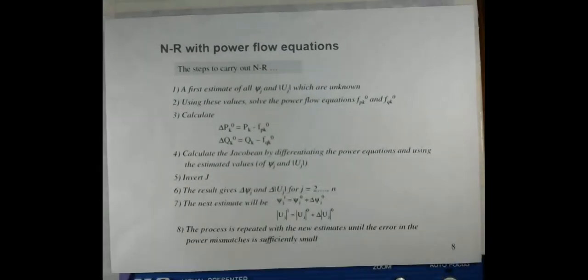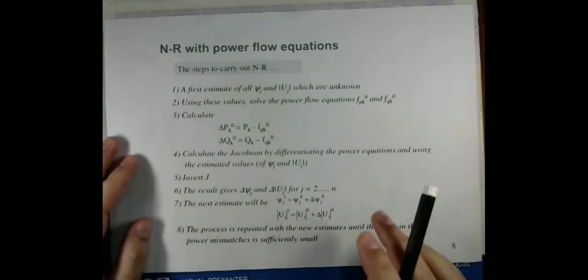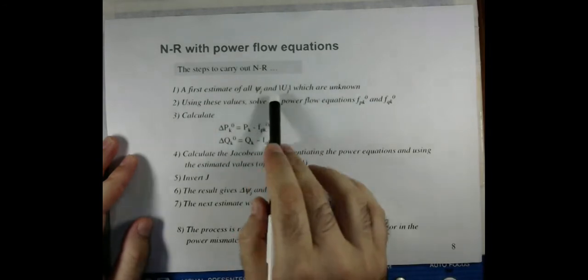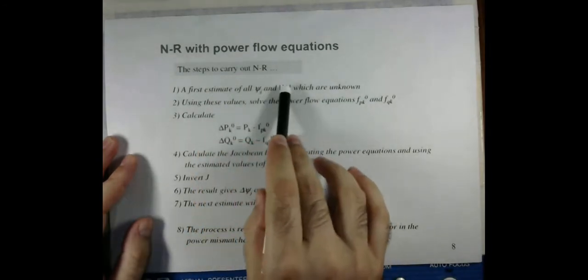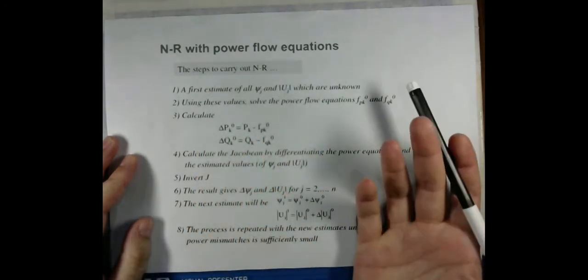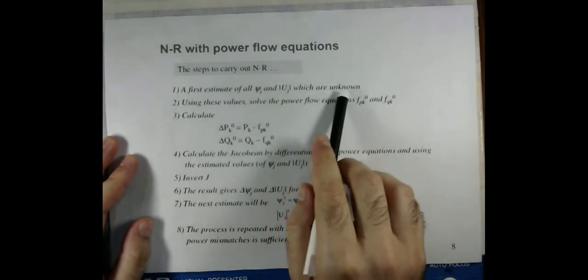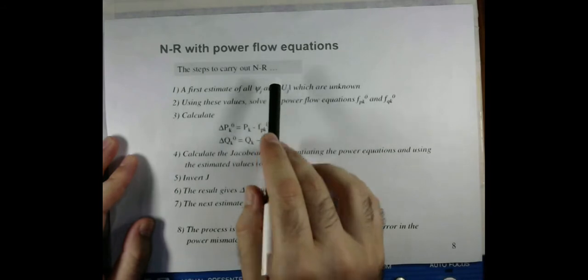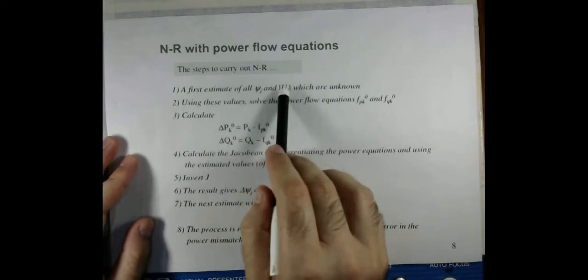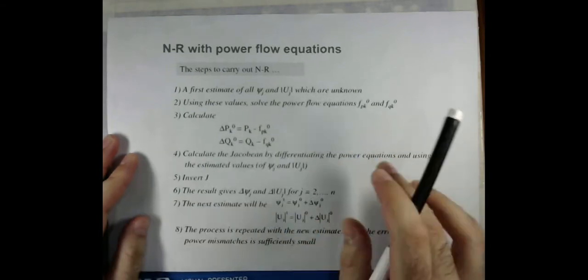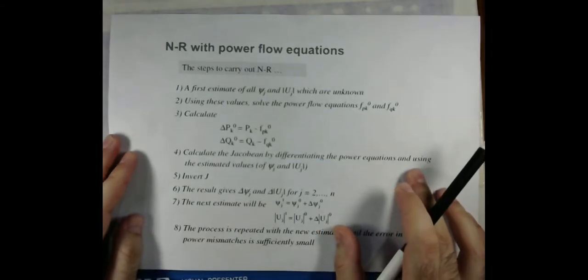we in the beginning discussed that it doesn't matter whether it's a Gauss-Seidel method or a Newton-Raphson method. In the beginning we estimate the values, or we make a guess for all those values which we don't know. So in the beginning we make a guess for the angles and for the voltages, depending on obviously the number of buses in a particular network.